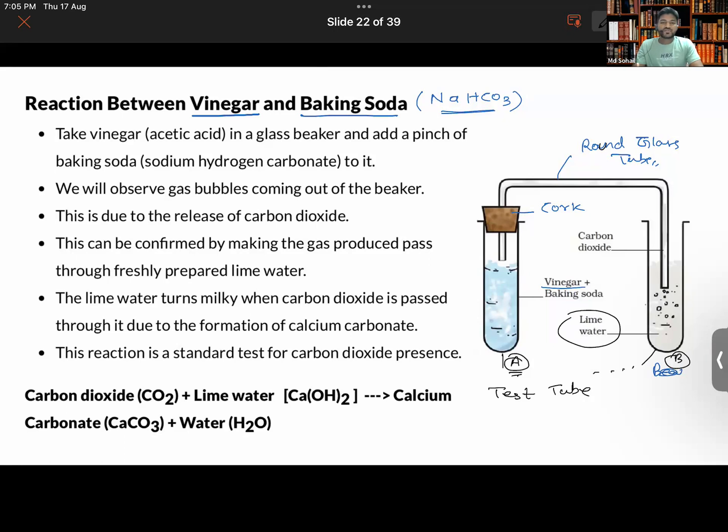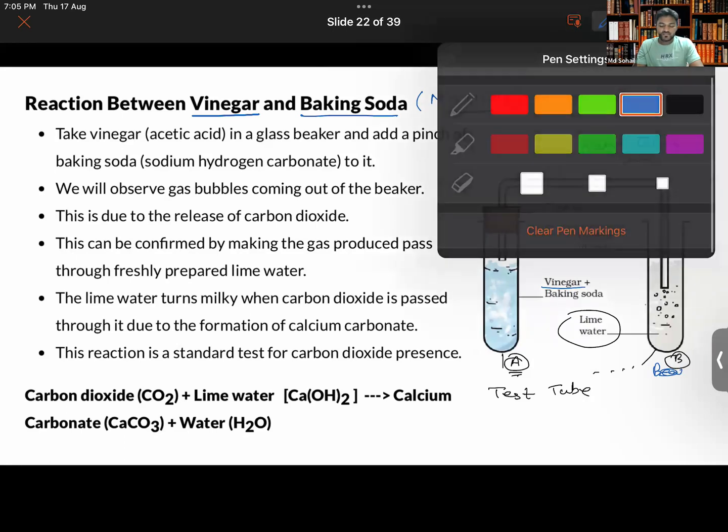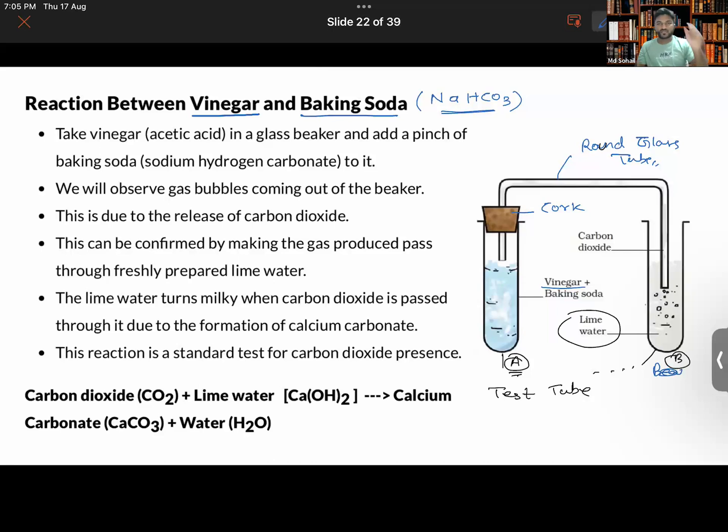So first come back to test tube A. It is a mixture of vinegar plus baking soda. Lime water is different. Lime water is a different thing from the vinegar or baking soda.